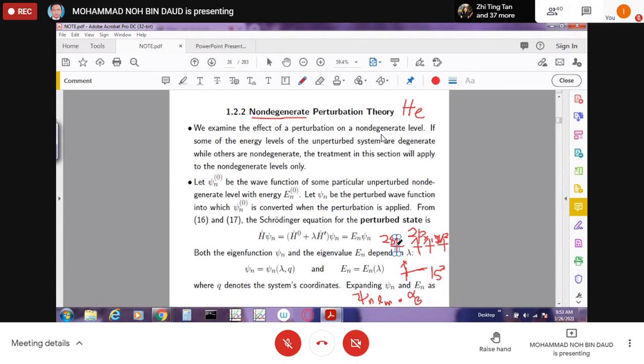This electron 1 or 2 could be here, or here, or here, or here, because this energy depends only on the n quantum number. The total energy with this n1 and n2 will be the same.